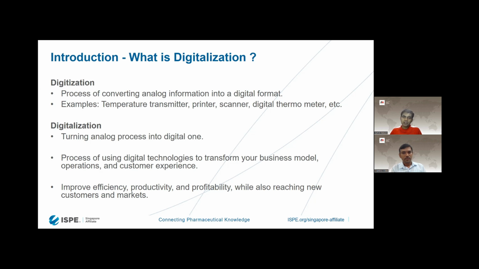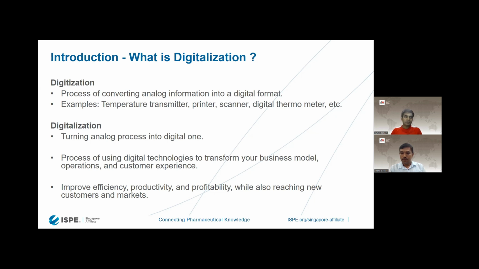Digitization is a process where we have analog information, and that analog information is converted into digital form. Digital format means binary data, the 1-0 data, which a computer will store, and that will be used around for digitalization.